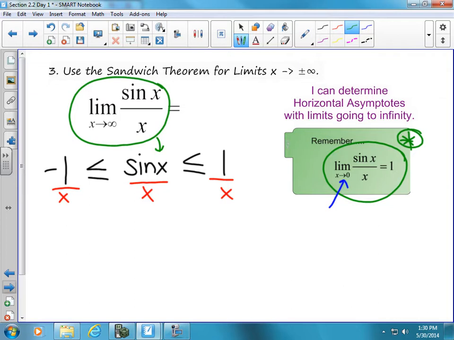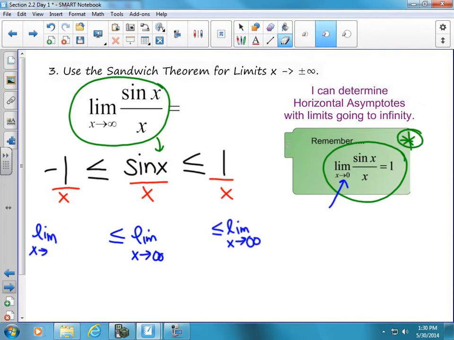So that's what we're going to do. Take the limit as x goes to infinity of all three of these parts. And that's legal to do. Oh, I actually wanted to go to infinity, don't I? X is going to infinity.